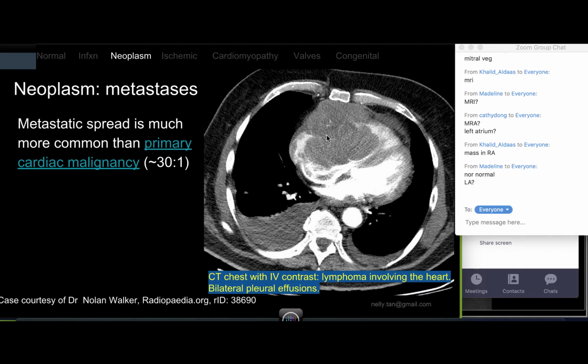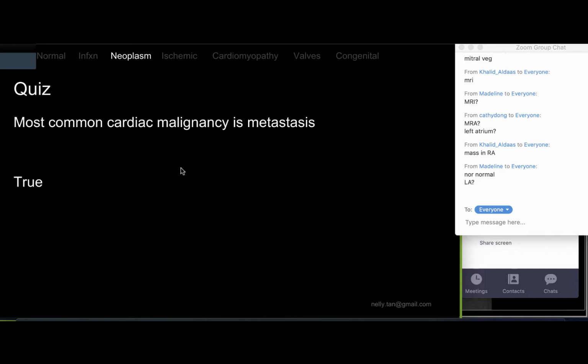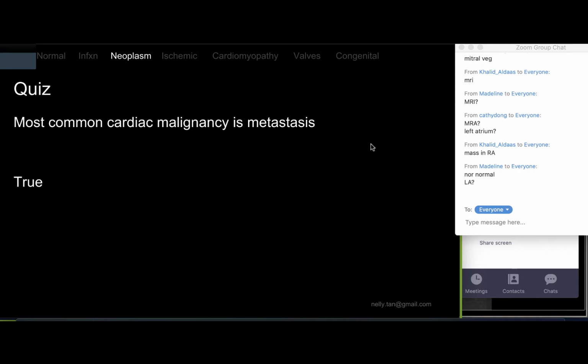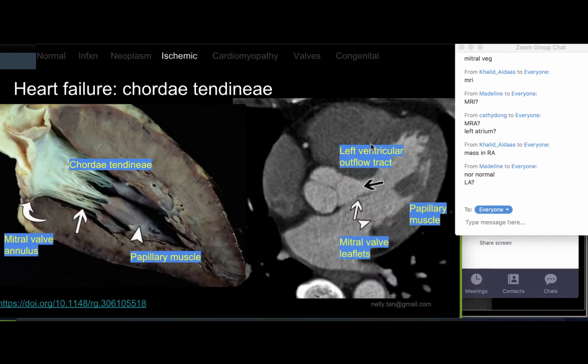So this is METs, cardiac METs, and cardiac METs are the most common cardiac tumors, 30 to 1 compared to primary, just because non-cardiac cancer is so much more common. So you are more likely to see a cardiac METs than a primary cardiac lesion or cancer. So this is true. Most common cardiac malignancy is metastases.